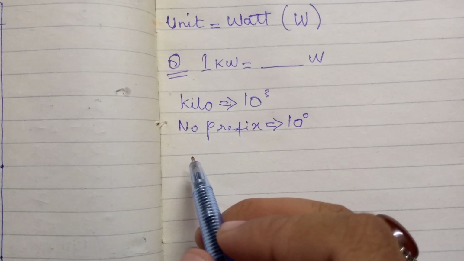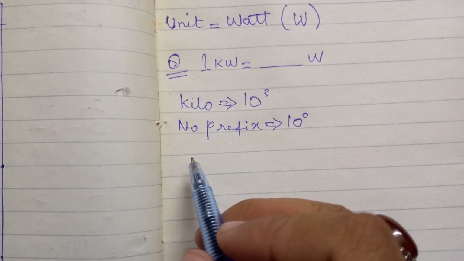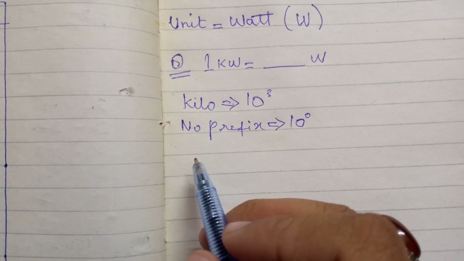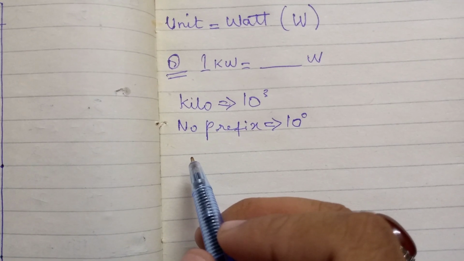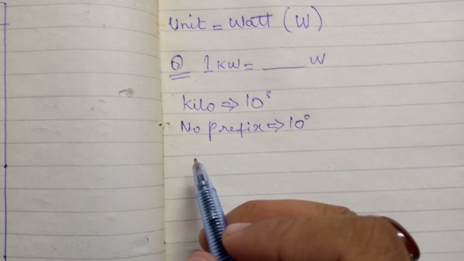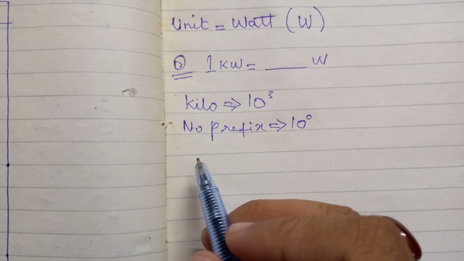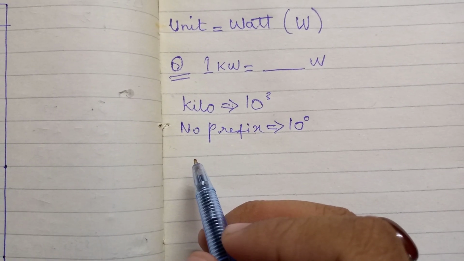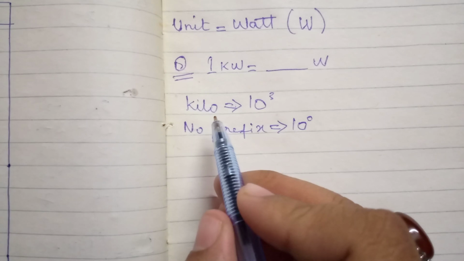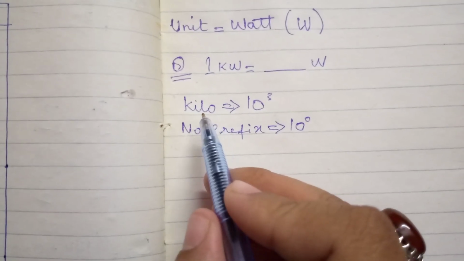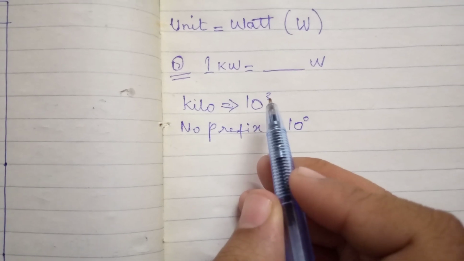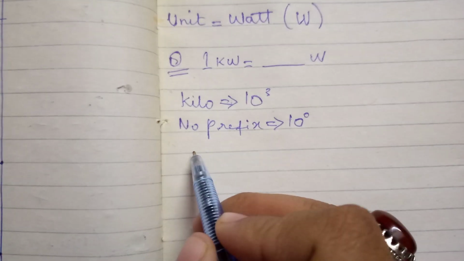Now what you have to do, just subtract the power of 10 of lower prefix from the power of 10 of the higher prefix. What is the higher prefix? The higher prefix is kilo. What's the power of 10? The power of 10 is 3.